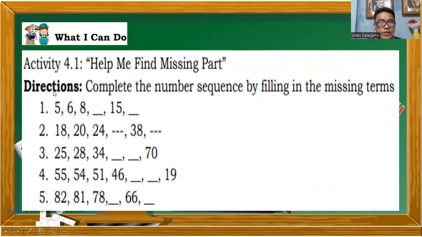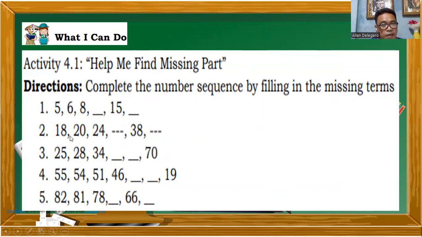Activity 4, complete the number sequence by filling in the missing terms. Number 1, 5, 6, 8, blank, 15, blank.